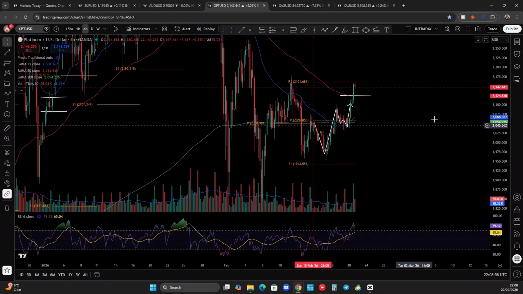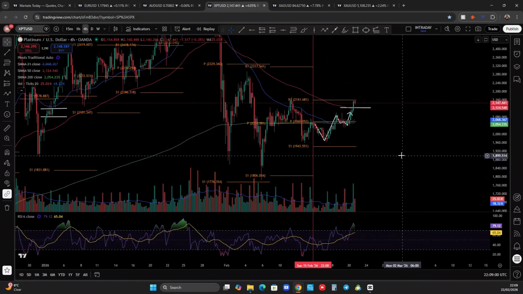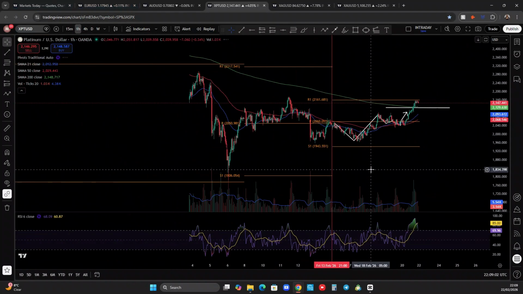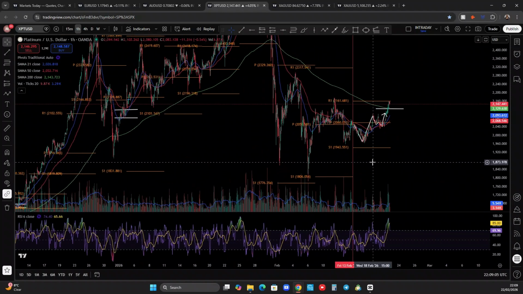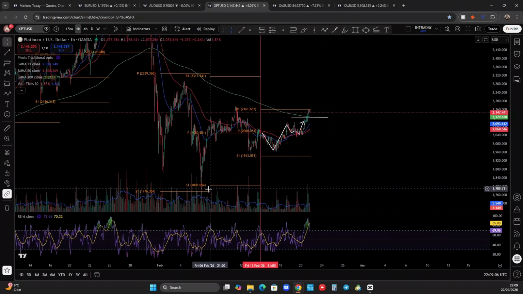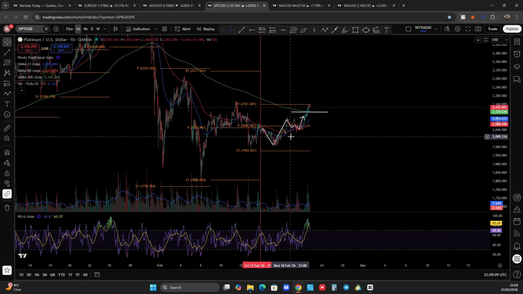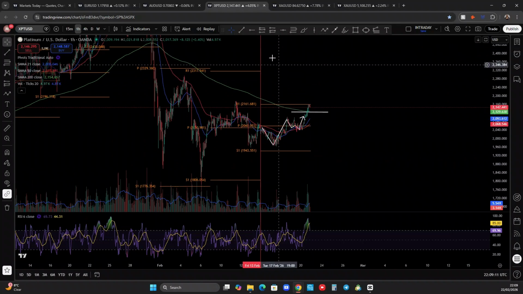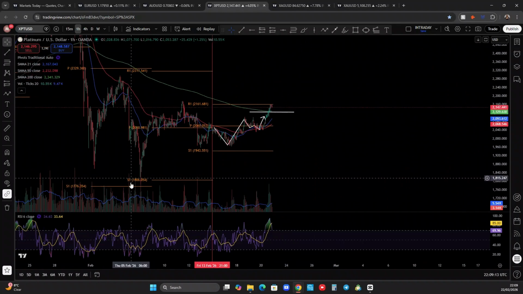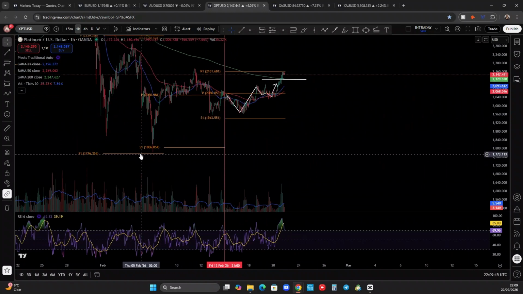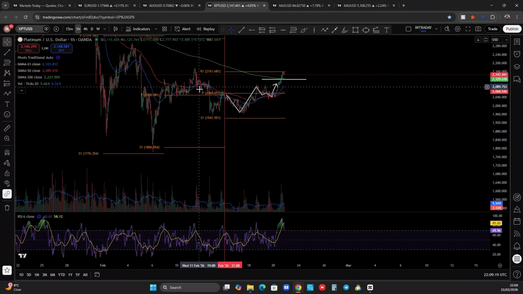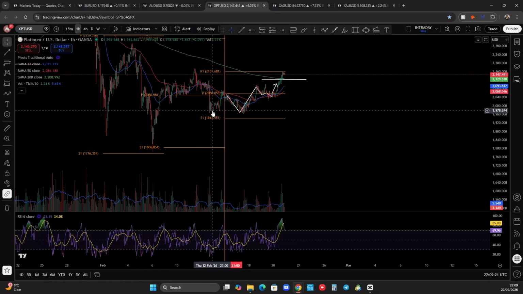Okay, let's have another look. So on the lower time frame, this tells me that the market wants to move up. You can see here, this is the low. And from this level, all we got was higher highs. Right? We did have some lows here.